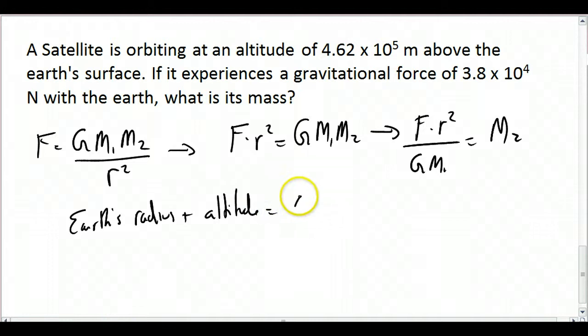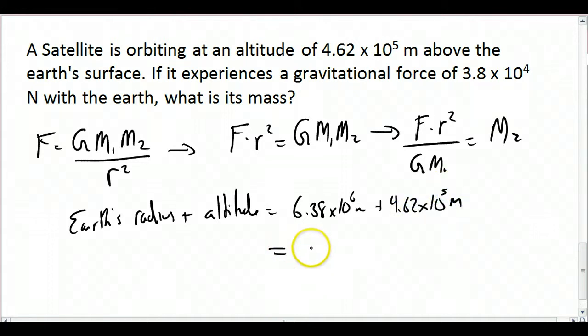So we're going to add 6.38 times 10 to the 6th meters plus 4.62 times 10 to the 5th meters, and that gives us 6.44 times 10 to the 6th meters, and that's what we're going to use for r in this equation.